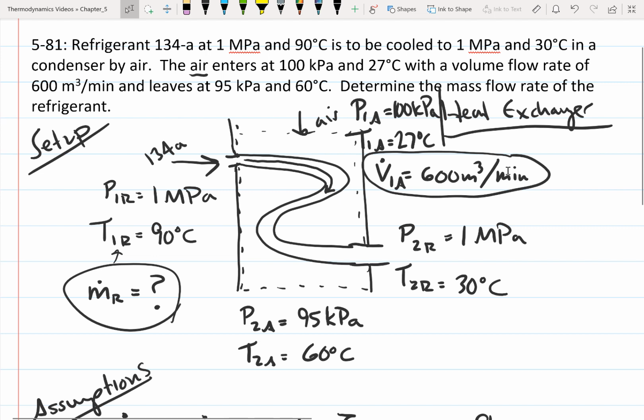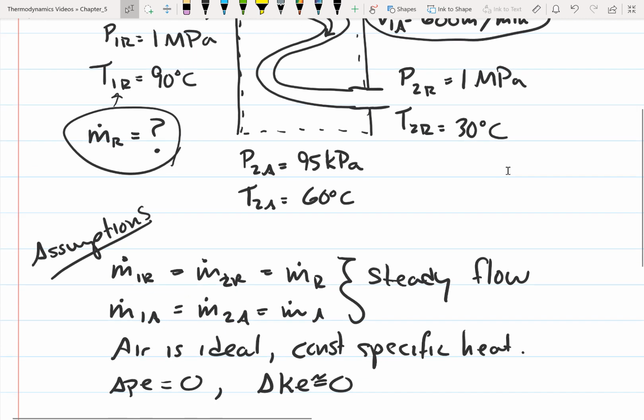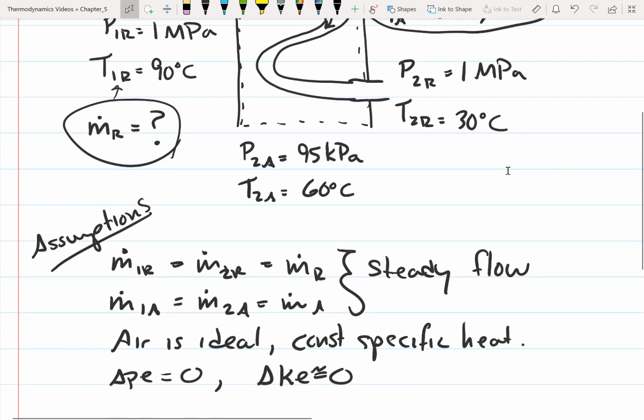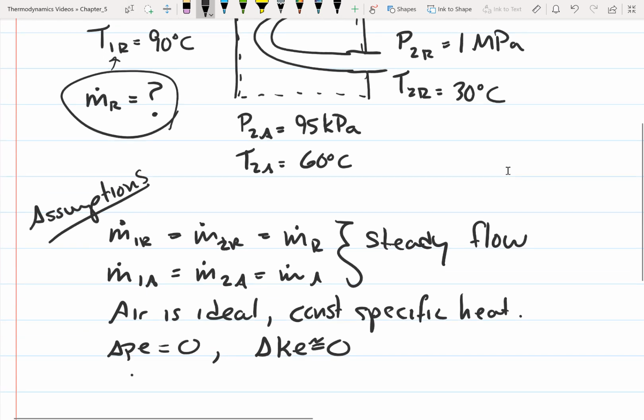In real life, you're likely going to know the velocities of your fluid flowing through the heat exchanger, so you can get an idea of whether you need to consider the change in kinetic energy. Though there's no work, so heat exchangers are passive devices.